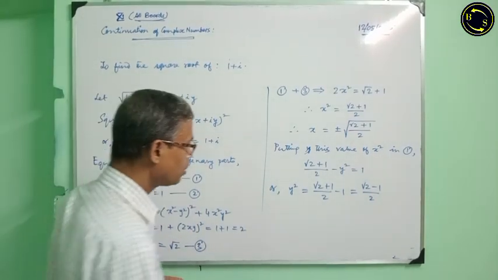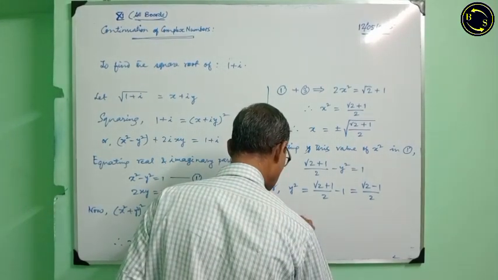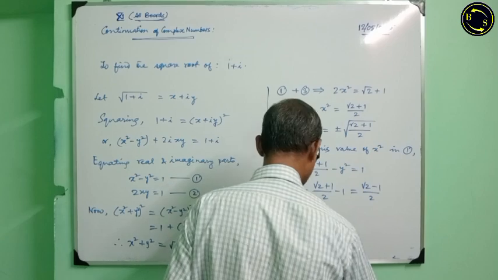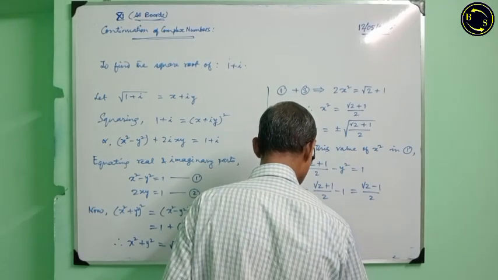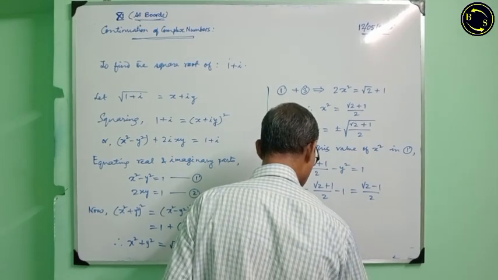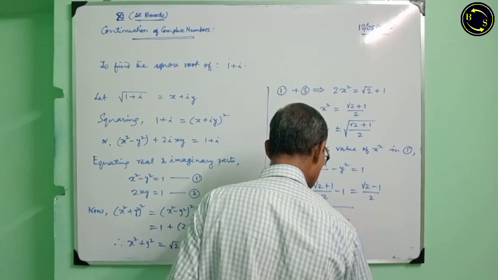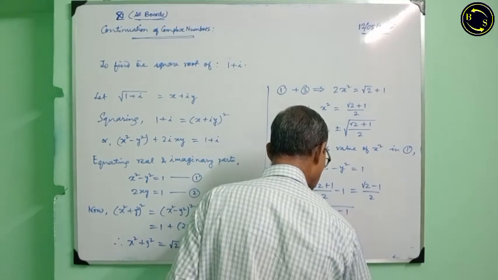Therefore, y will be equal to plus minus root over (root 2 minus 1) by 2.